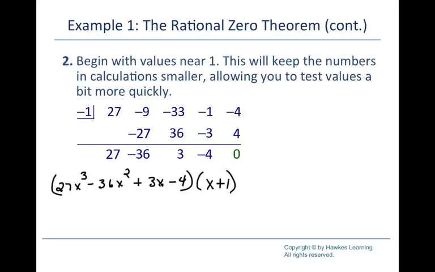Now you can have multiplicities. We could try negative 1 again, or we could try positive 1, because negative 1 could be a factor again, or positive 1 could be a factor. I'm going to erase what I've got here, and we're going to start with our next set of trial and error, our next value.